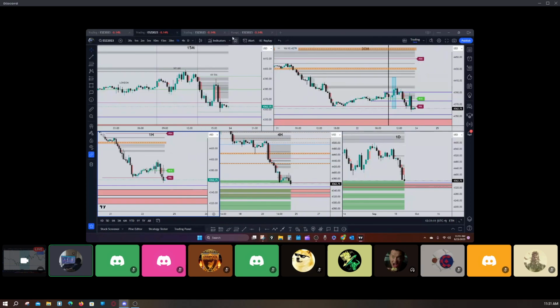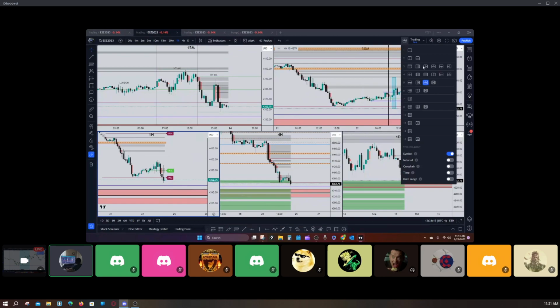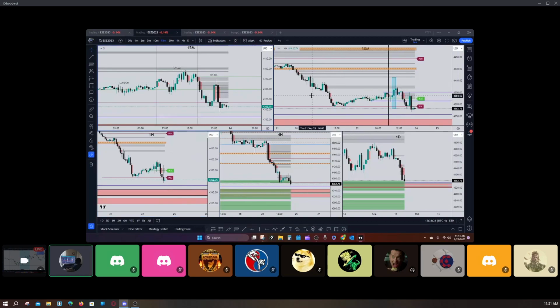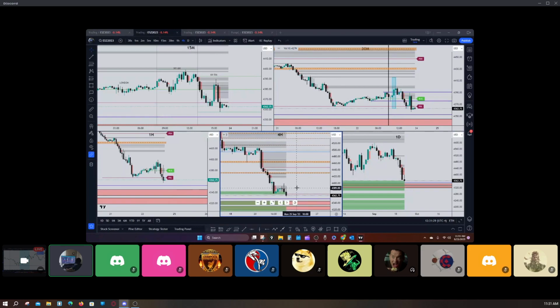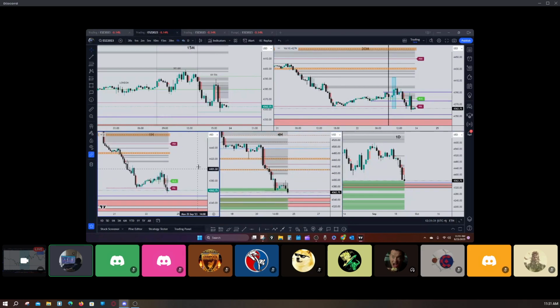Find a way to take one chart and divide it up into 5 pieces or 3 pieces, whichever time frames work for you, depending on how much real estate you've got, and reference them. Be aware of where those levels line up with these PDAs. This is probably one of the most important things about trading that I'm seeing now, if we're applying these smart money concepts in ICT: understanding these levels and these PDAs on higher time frames.